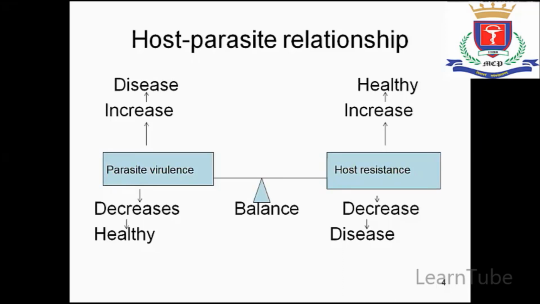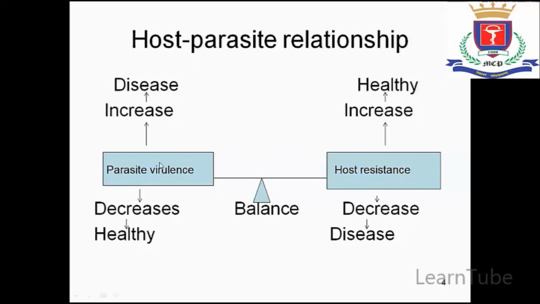How virulent a particular strain of a microbe is will define the resulting disease. If a microbe is very virulent, it is capable of causing a severe disease. In the next column you can see host resistance. Host resistance is the immune system of a particular host.